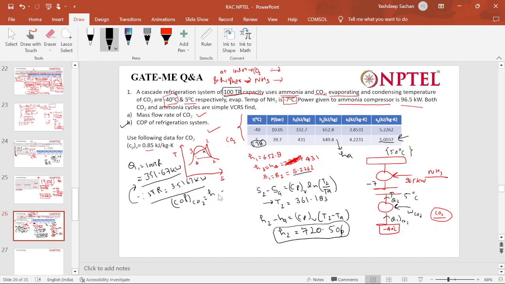COP would be H1 minus H4 divided by H2 minus H1. So can you get COP from here?